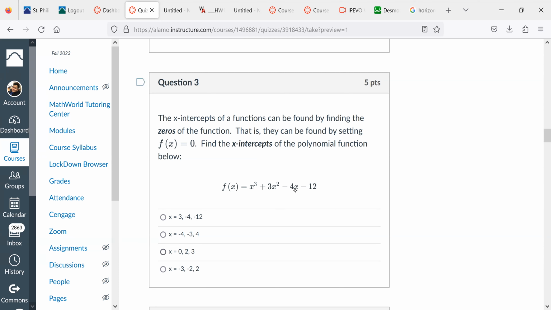Number 3 kind of requires work. So let's write this one down.